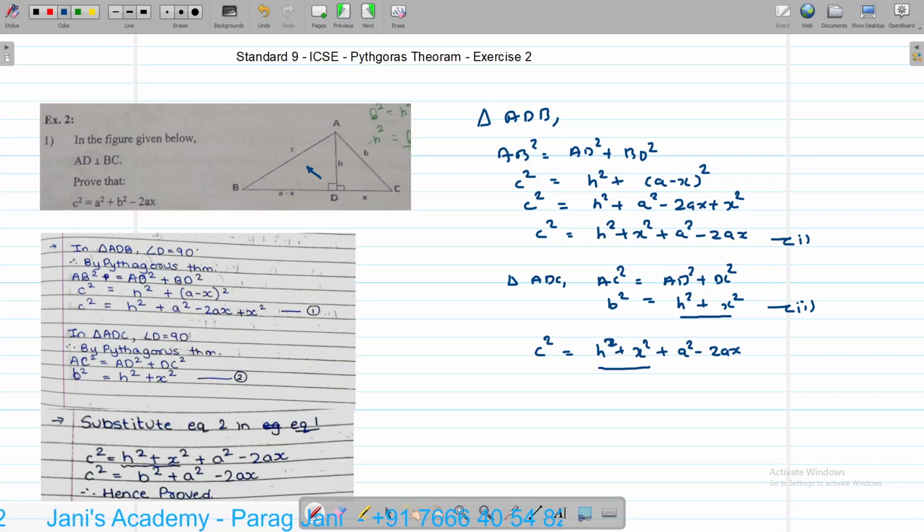So now c square is equal to b square plus a square minus 2ax. This is what you were supposed to prove, that c square is equal to a square plus b square minus 2ax.